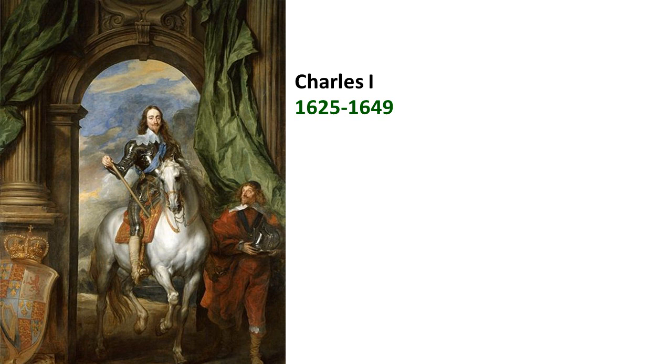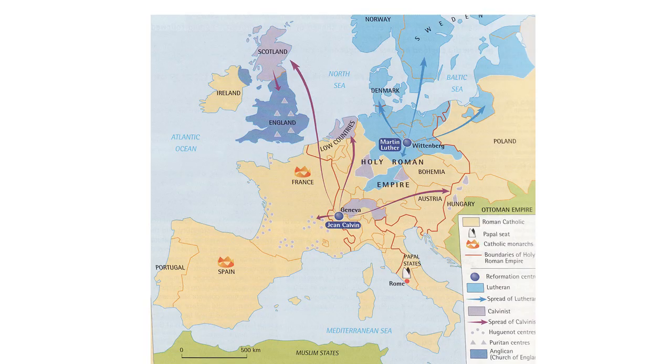And in particular, he wanted to raise very important taxes, which led to a conflict with his Parliament. The other reason why he was in conflict with his parliament was a religious reason. Indeed, as you can see on this map, England was a country where the church was a mix between the Catholic and the Protestant churches.